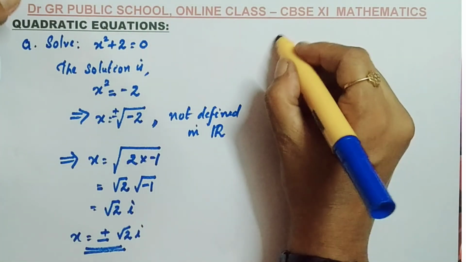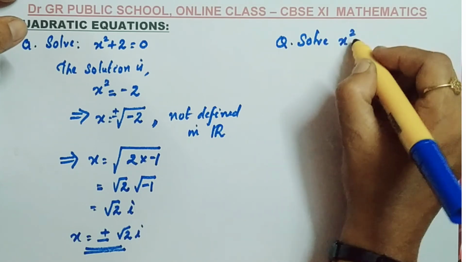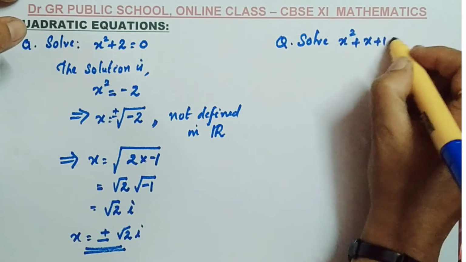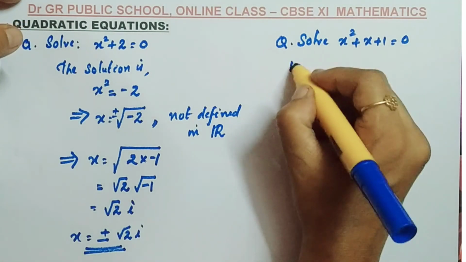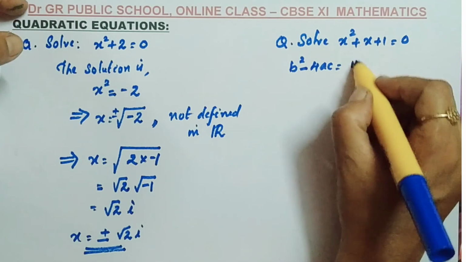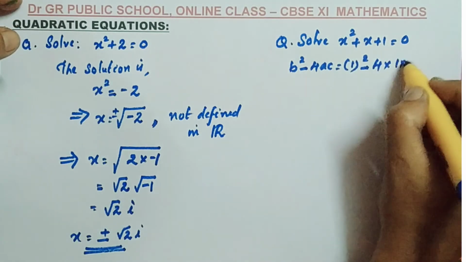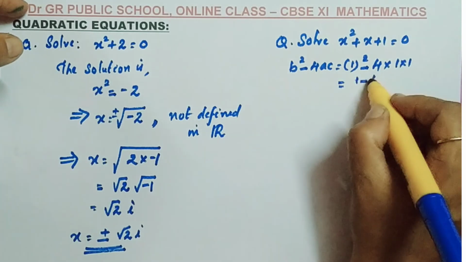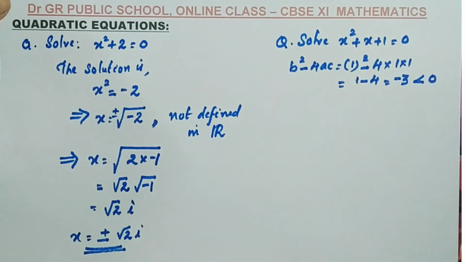Consider another question. Solve x square plus x plus 1 equal to 0. If you find the discriminant b square minus 4ac, you can see that it is 1 square minus 4 into 1 into 1, which equals 1 minus 4, equals minus 3, which is less than 0.